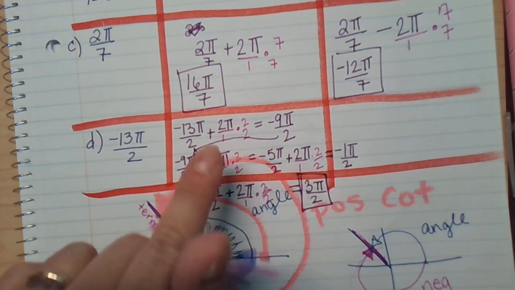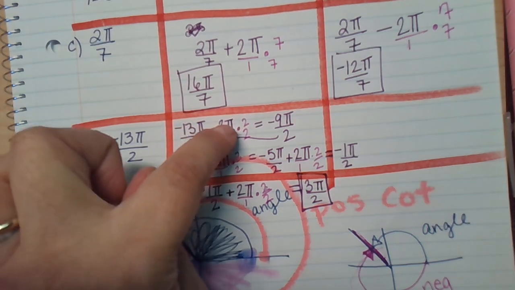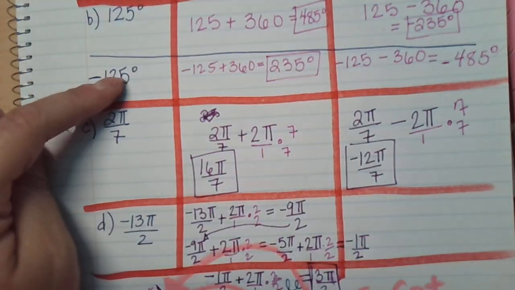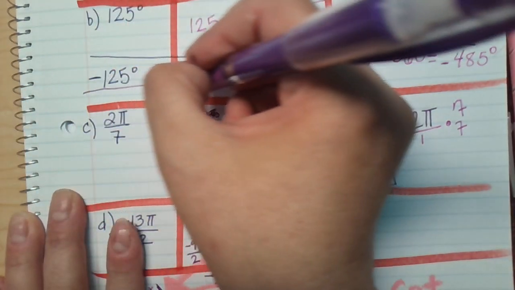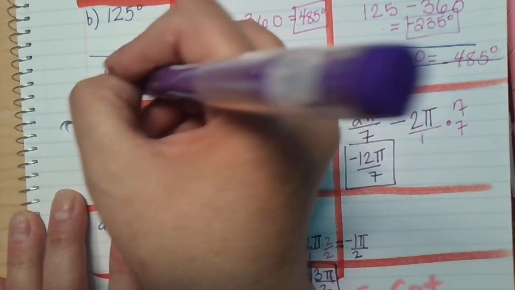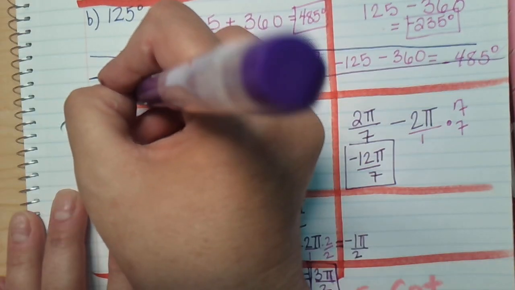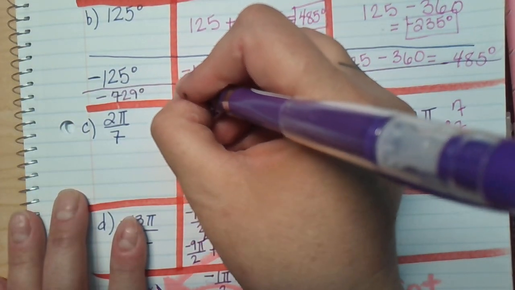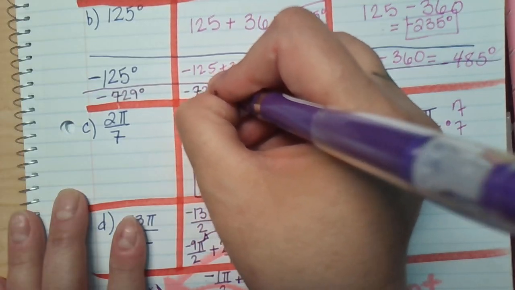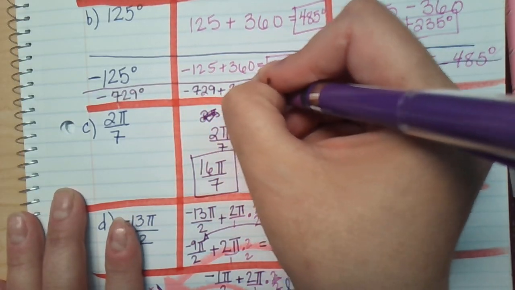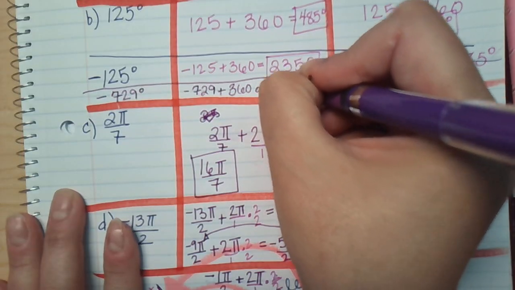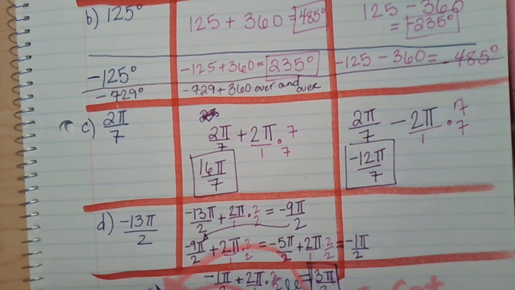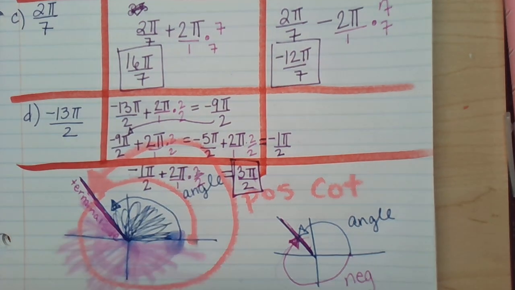So sometimes you have to add a spiral over and over and over and over. Like on this example we did with the -125. Let's say I started with -729. To get a positive angle, I'd have to say -729 plus 360 over and over. Yeah. Okay.